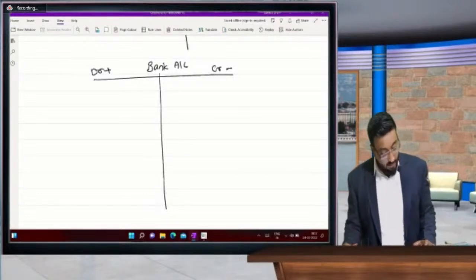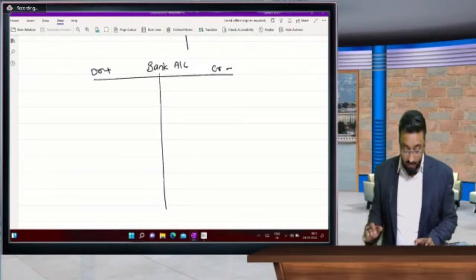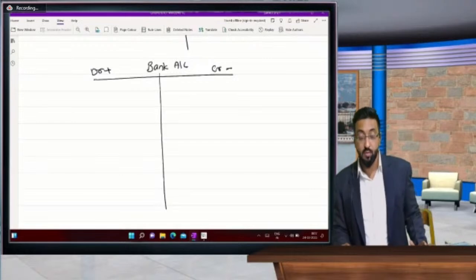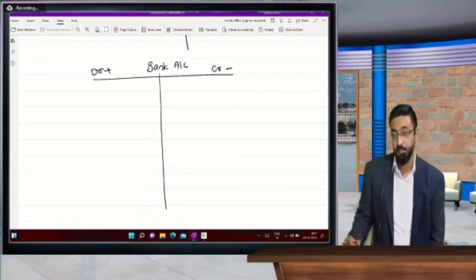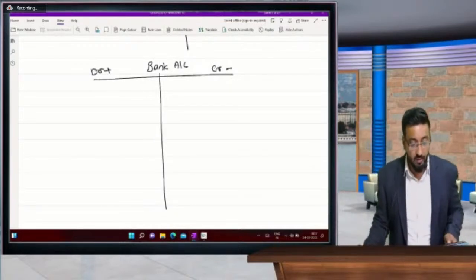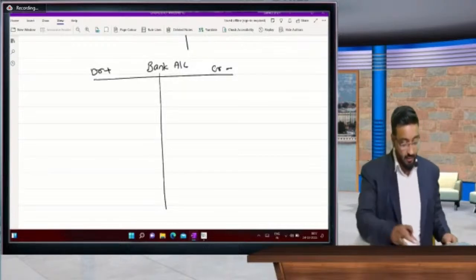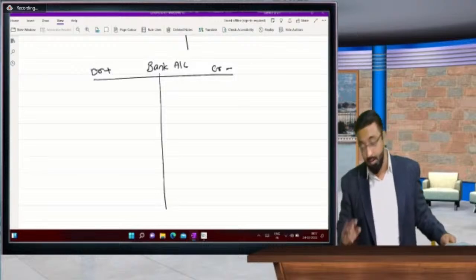I want the full answer, not just the opening balance and closing balance. I want everything, just to check your understanding. How many entries can you recall about the bank account? Here is a hint: 3 items are on the debit side and 3 items on the credit side.